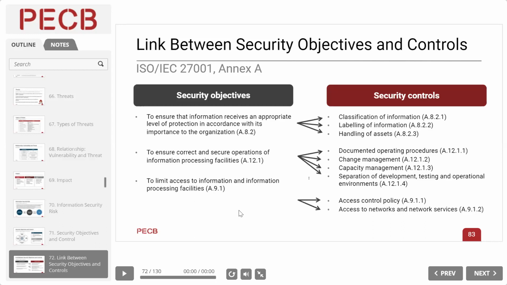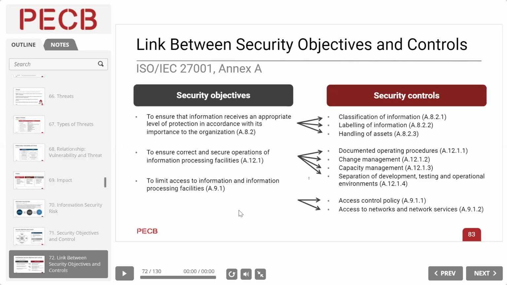Then the controls under that: documented operating procedures, change management, capacity management, separation of development, testing, and operational environments. And the last one is to limit access to information and information processing facilities. Then we are looking at access control policy and access to networks and network services.